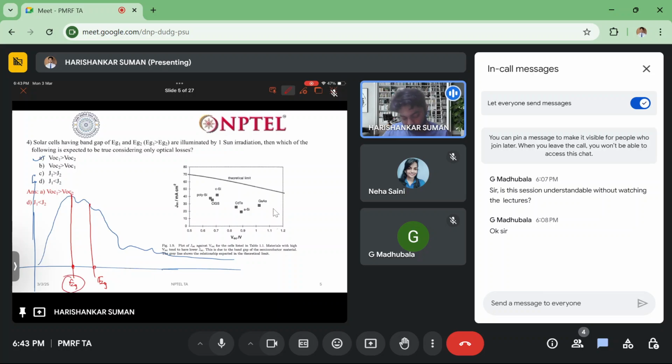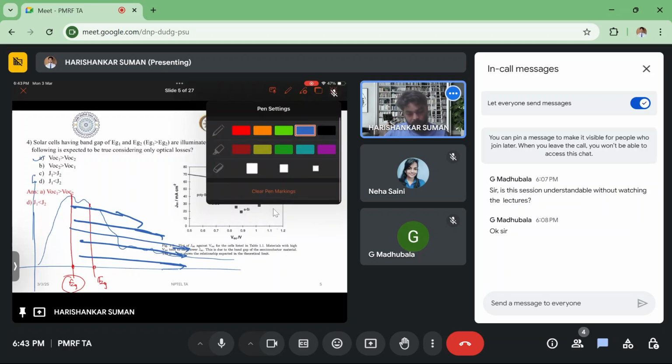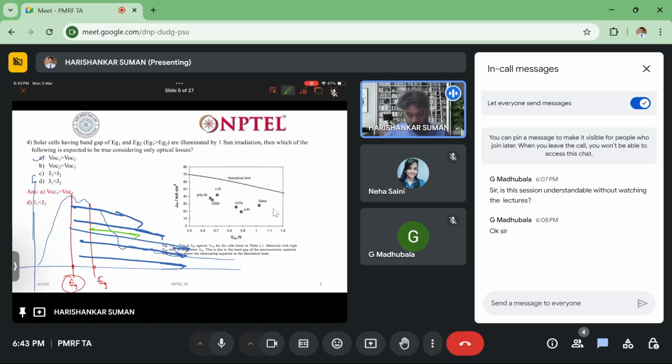Let's say this material absorbs the whole spectrum up to the maximum wavelength. And the second one absorbs only that much. So which one has more, first or second?